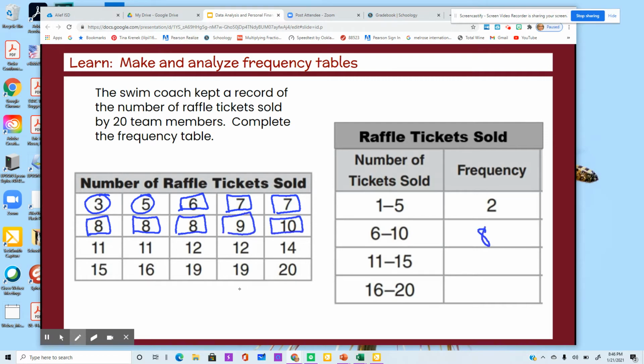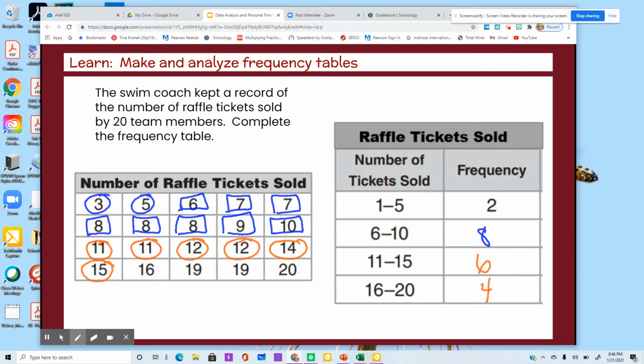So the frequency of those who sold between 6 and 10 tickets is 8. 11 to 15, we have 1, 2, 3, 4, 5, 6. I'm going to include 15 because the range is 11 to 15. And then 16 to 20 would be 4.